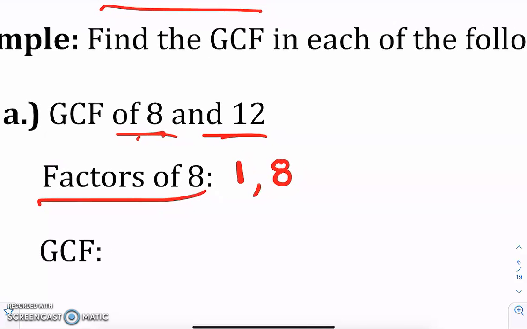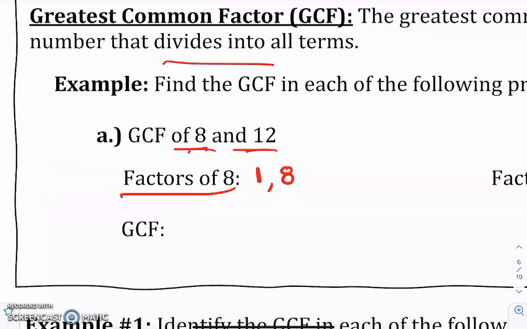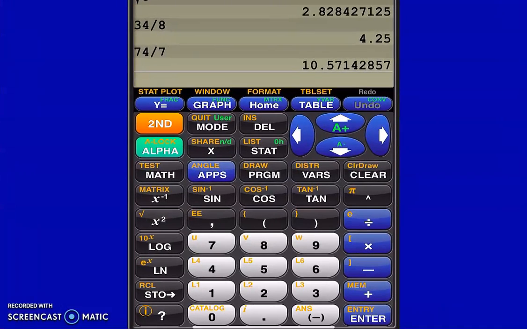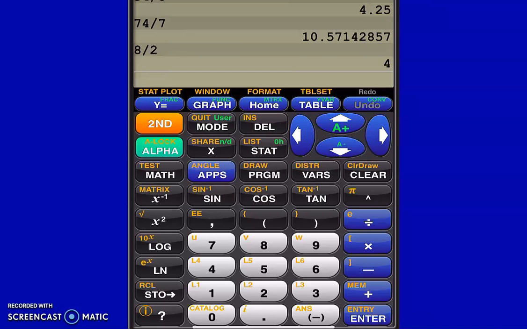If you're unsure, you can just go to your calculator and check. Just start at the bottom. Yes, it's divisible by 1. It's even, so it should also be divisible by 2, but check. 8 divided by 2. If you get a whole number over here on the side, that means it's divisible.